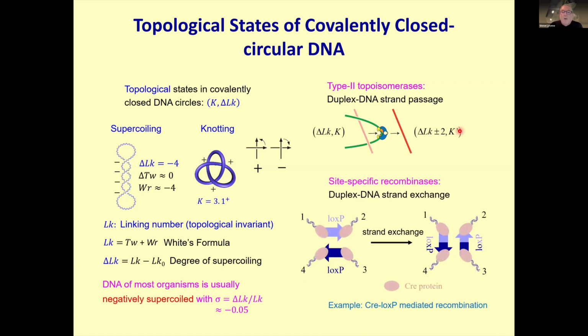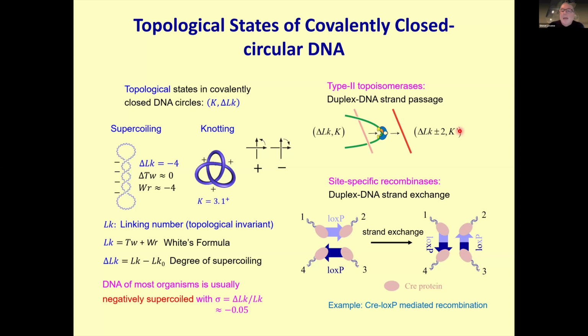The system that I'm going to focus on today belongs to a class of enzymes called site-specific recombinases. And site-specific recombinases can also change the knot type, and do so by making double-stranded breaks in 2 specific DNA sequences, and then reconnecting those DNA segments in such a way that you form a chimeric or hybrid recombination site.